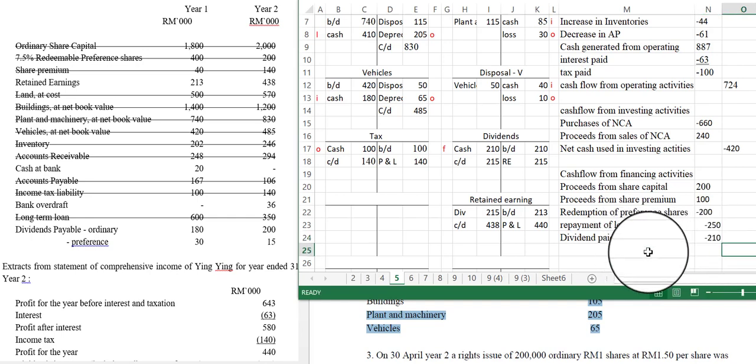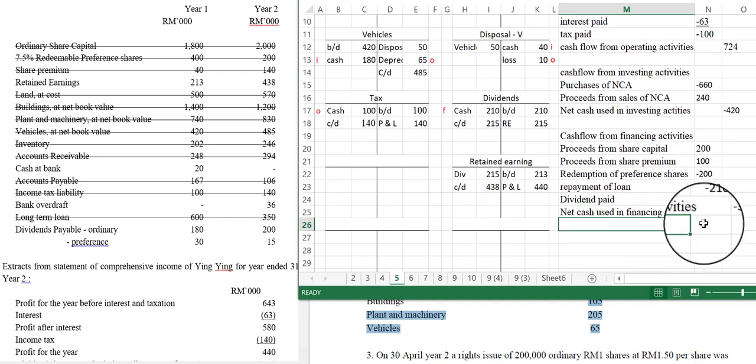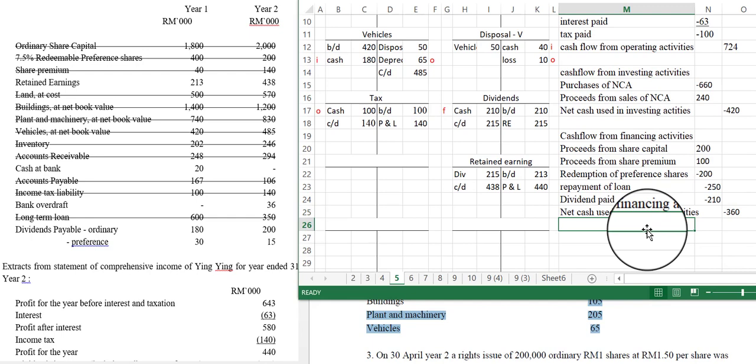So now your total net cash flow is actually minus 360 from net cash used in financing activities. So what's the total change?